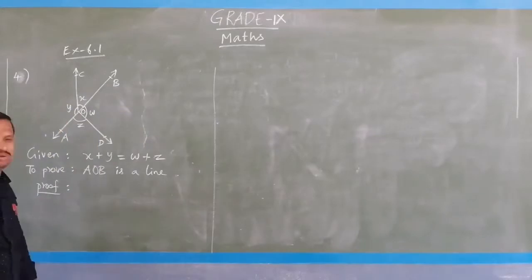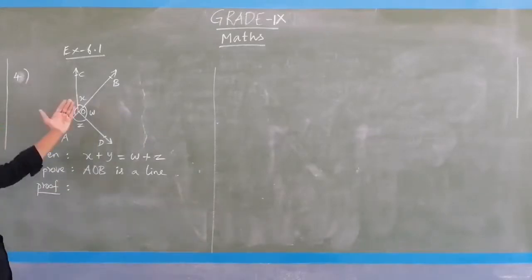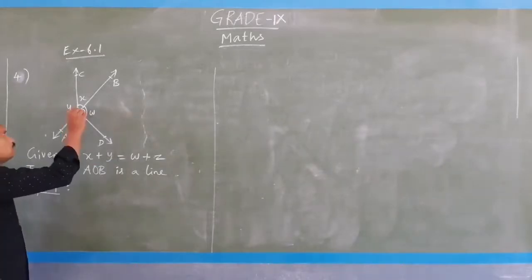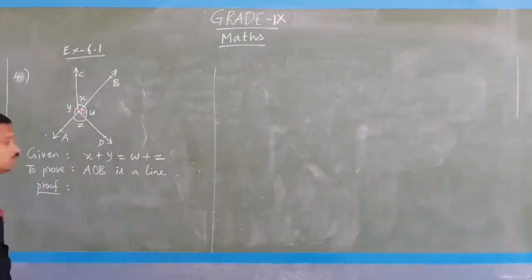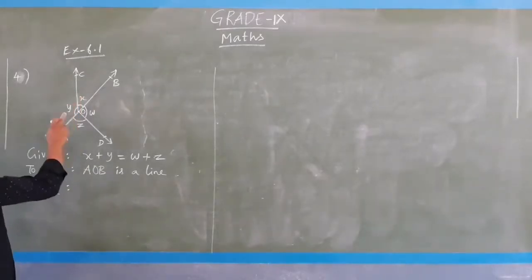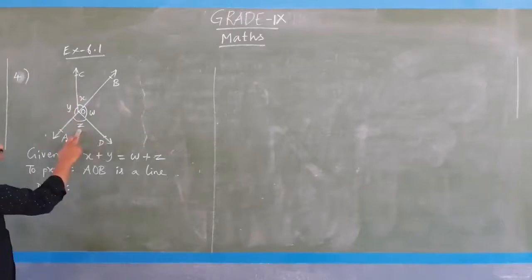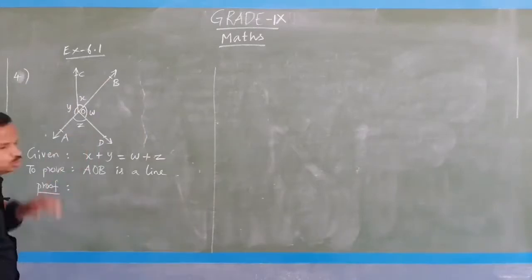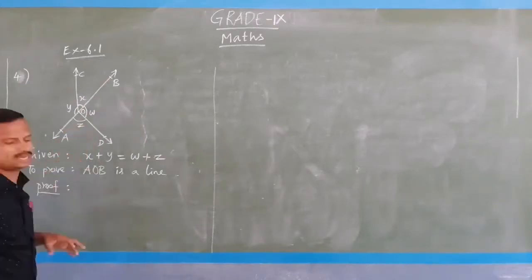Okay, OC this side and OD the other side. So, this point of contact is O. Okay, and the angles formed by the rays, see x, and these two rays y, and these two rays z, and OB and OD form angle w. All these are small letters, x, y, z and w.